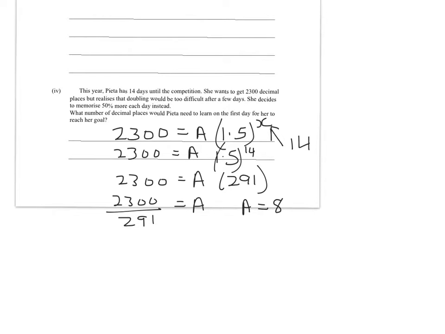So I need to now work out, this was when x was 14 days. I want to know the number of decimal places on the first day, so when x is 1. Now I'm going to use the equation. I know what A is.